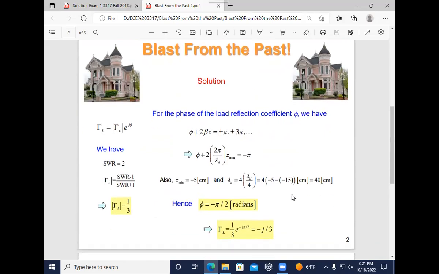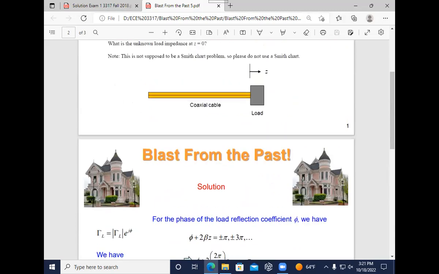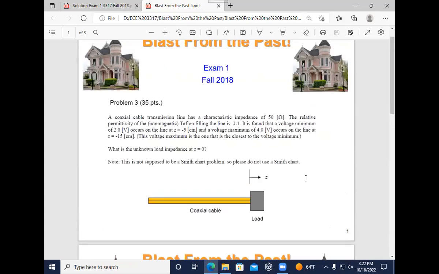Dr. Jackson, how is the standing wave ratio determined in this problem? Well, it comes from the Vmax and the Vmin, which is given, if I remember right. Yeah. So voltage maximum 4 and minimum of 2. So that's, of course, what SWR means, right? Vmax over Vmin, so 4 over 2.